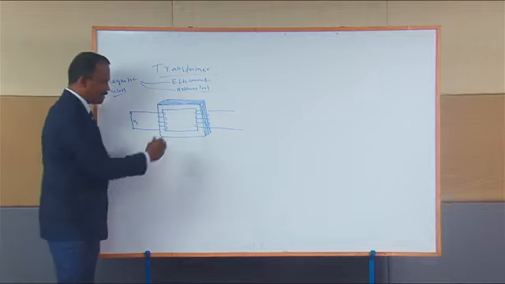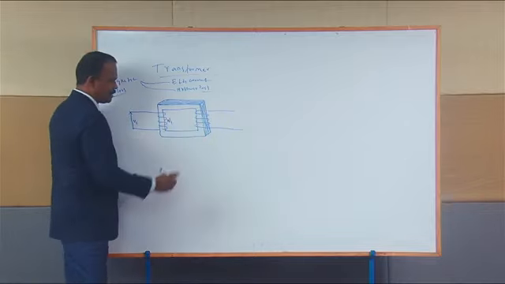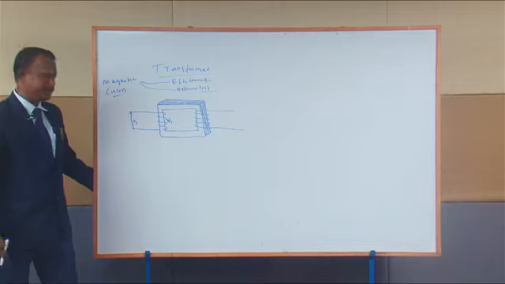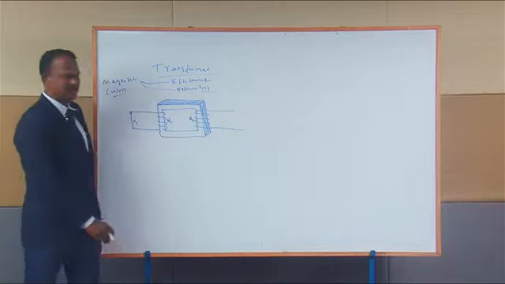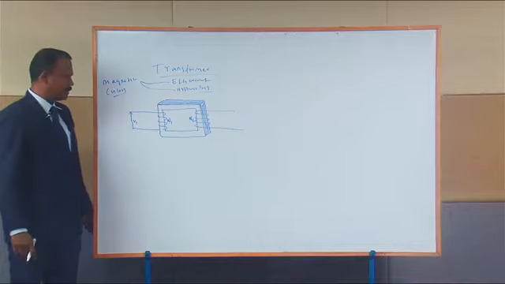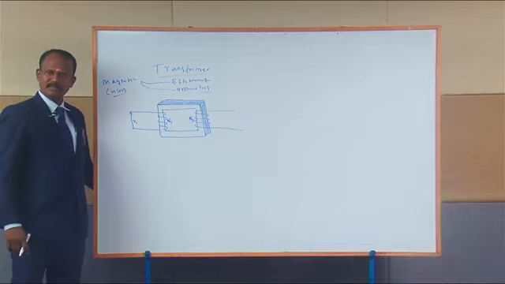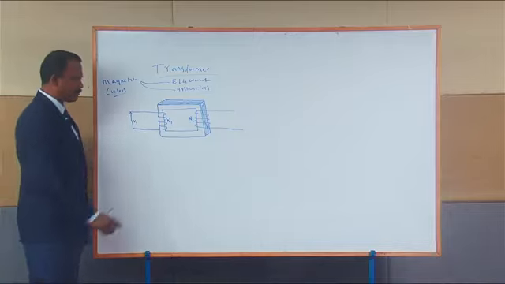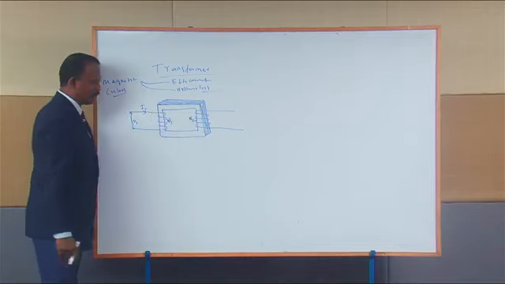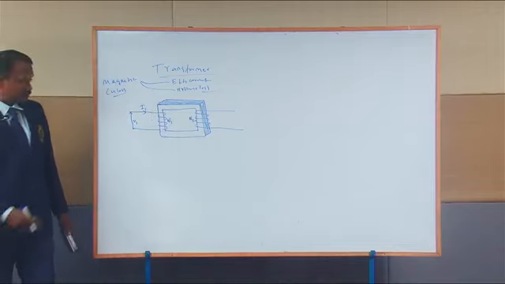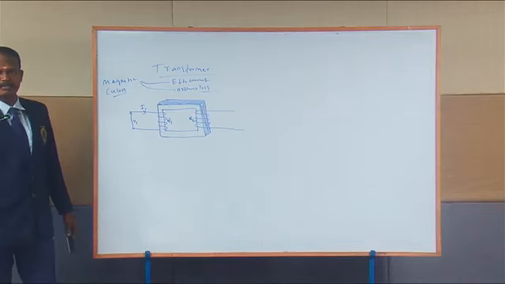Let us say N1 is the number of turns of the primary winding and N2 is the number of turns in the secondary winding. The moment we apply the voltage V1 to the primary side, a small current I1 will flow into the primary of the transformer.